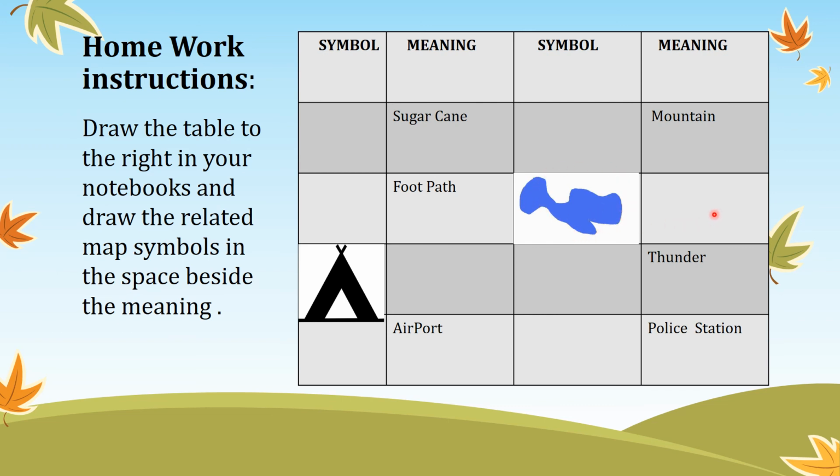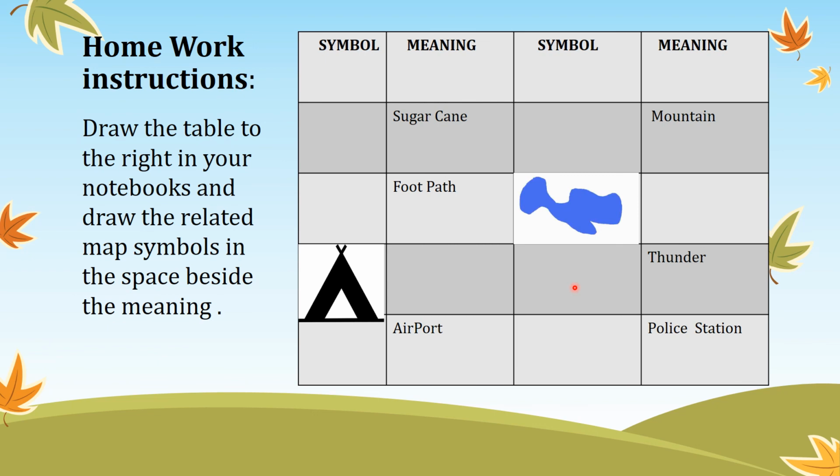Now here I have a symbol already. You are to place right here what the symbol represents. Likewise, I have a symbol here. You are to write the meaning of the symbol, what it represents here. All right? So go ahead and place either the symbol based on what you're seeing or the meaning in the tables that are blank.